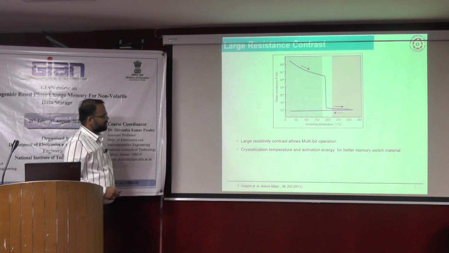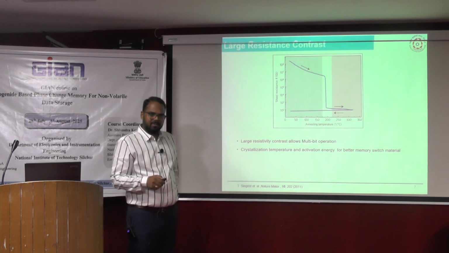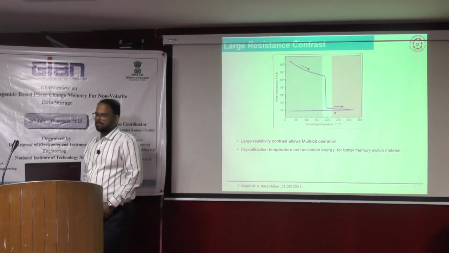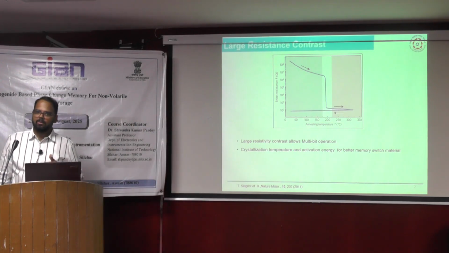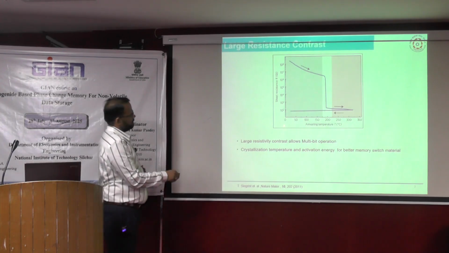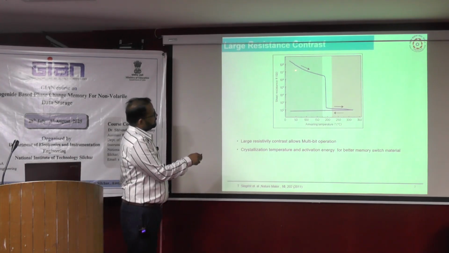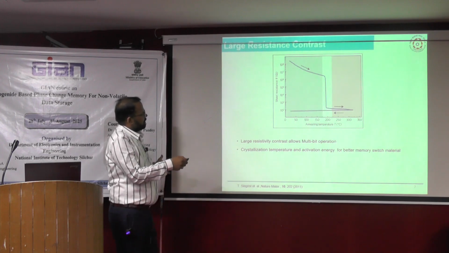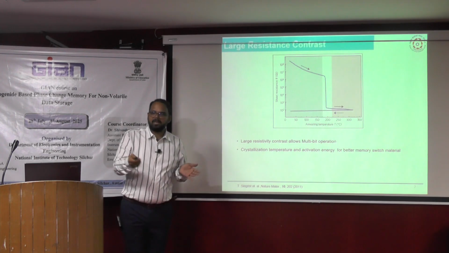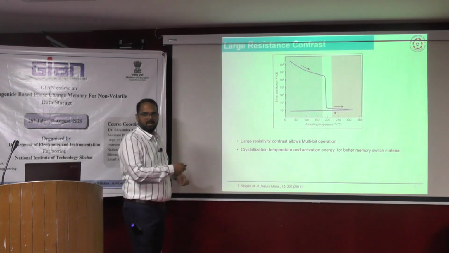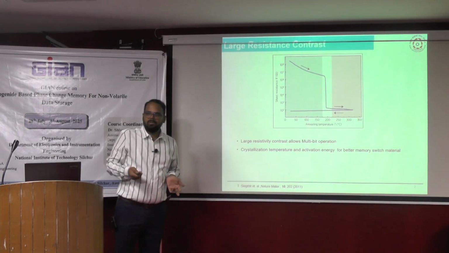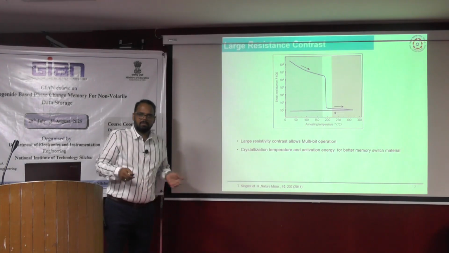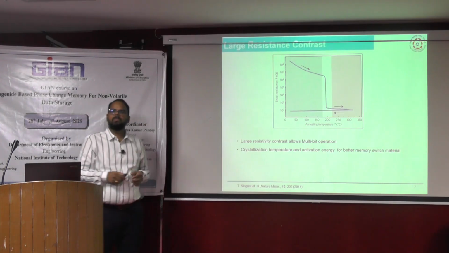So the first important thing is to identify the material and quickly identify resistance versus temperature, and then you can say, hey, this is the contrast. This is the amorphous region where the resistance is more than, I would say, 100 mega ohm. They have reported more than 100 mega ohm. It is huge. And the crystalline state is on the order of 100 ohm.